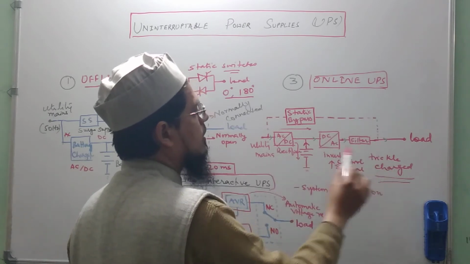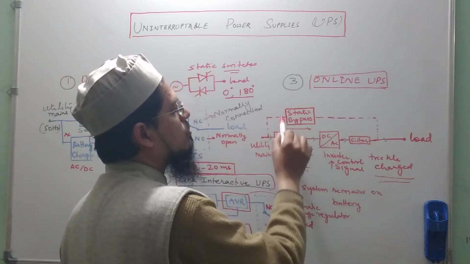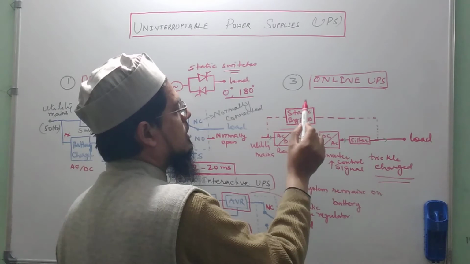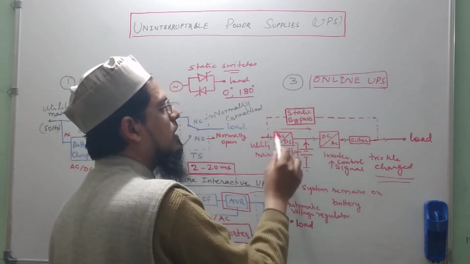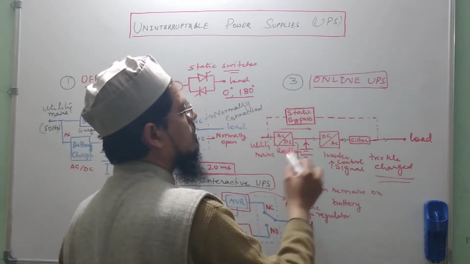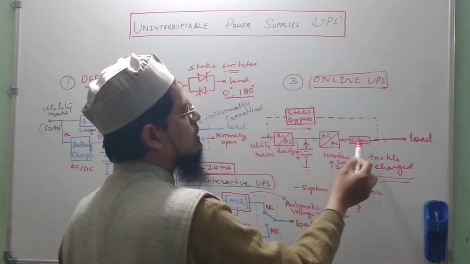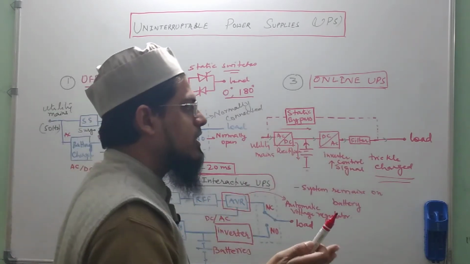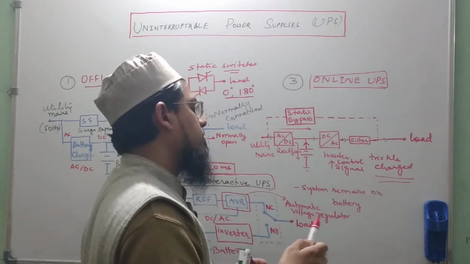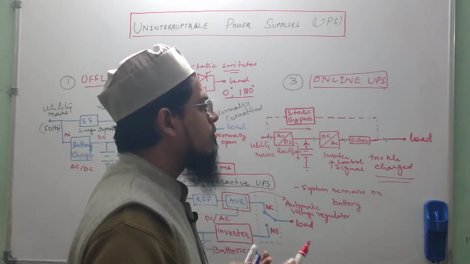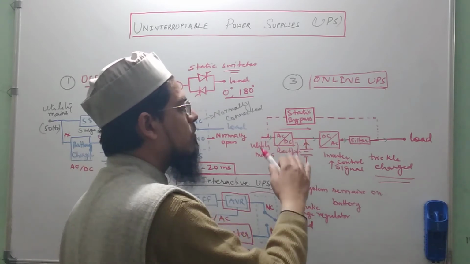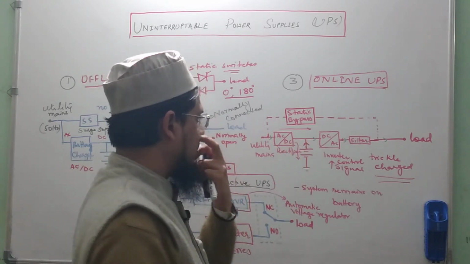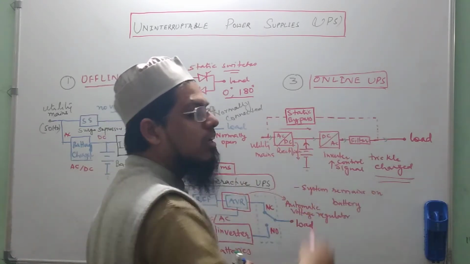Now one interesting thing is that the utility mains has one bypass connection here also. There is a static bypass switch here, which turns on when any part of this UPS system starts malfunctioning or has some fault, and does not perform the intended function of continuously providing power to the load.